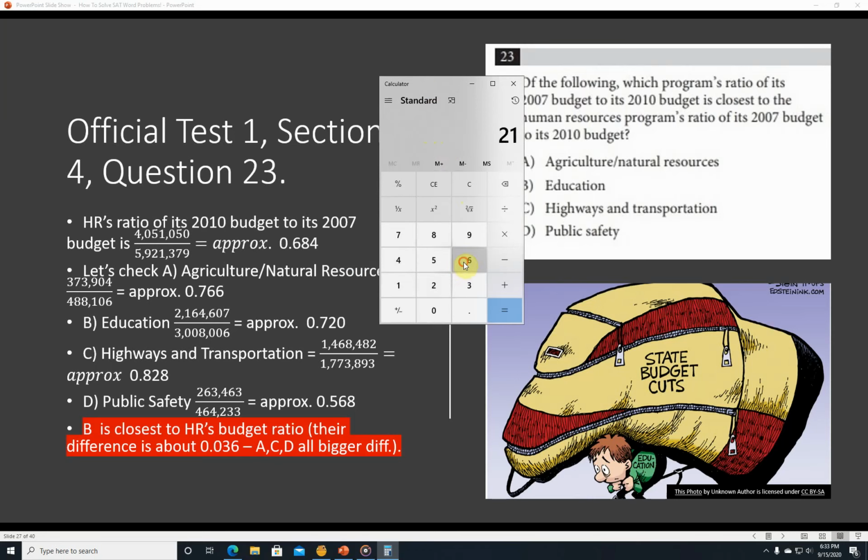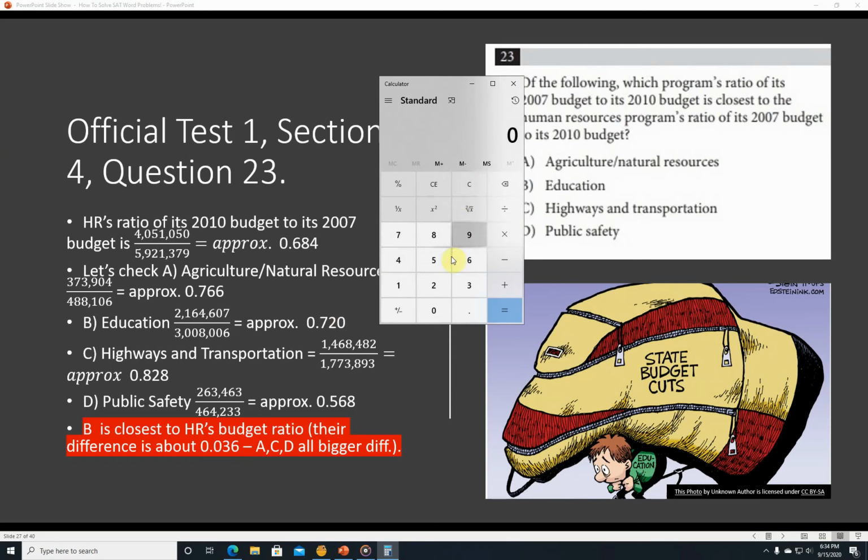Education, same values, 2,164,607 over 3,008,006. So that's 71.9, so roughly 0.720.